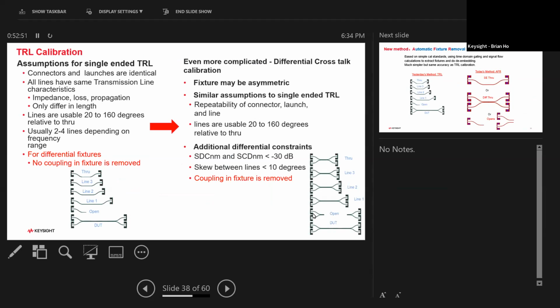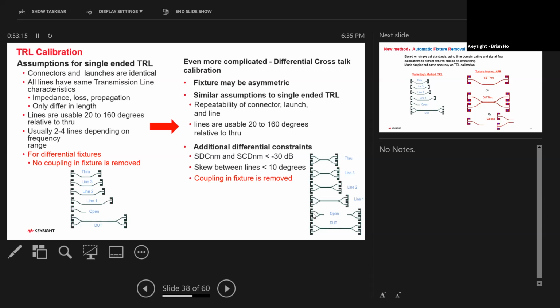But now imagine that we're now talking about differential pairs, where you have to take two cables and treat it as one. So it's going to be very hard to create a fixture or a line that can be identical across this line as well as the other way, because not only are you concerned about one cable and one fixture, you have to make four of these connectors and two of these cables exactly the same to make sure it works.